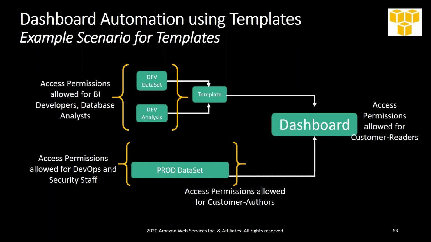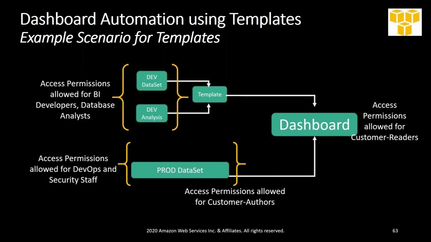So what you can typically do is make a copy of that JSON file, edit it to point to the production data source, and you're good to go, right? At that point in time, your analysis can also point to that production data source. Your dataset can also point to the production data source, and you don't have to change anything else. And taking it further, you can parameterize the whole thing.